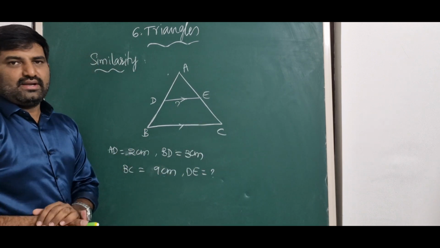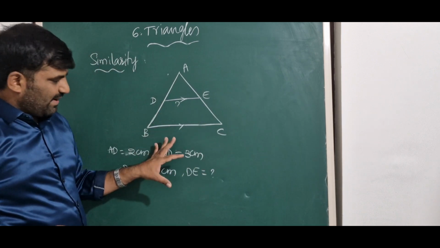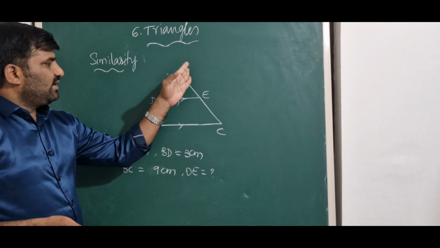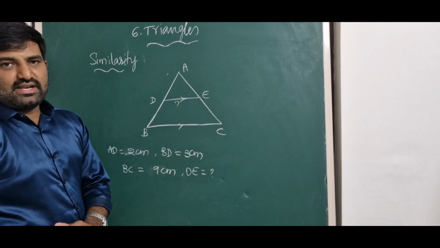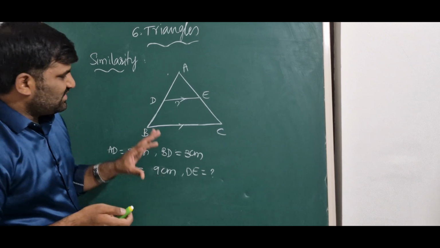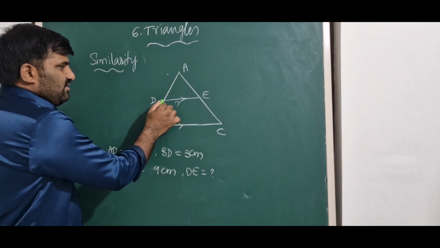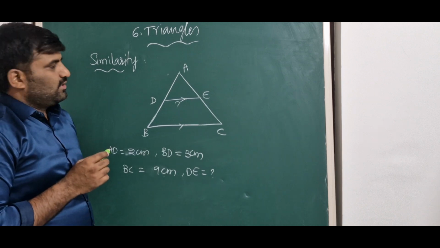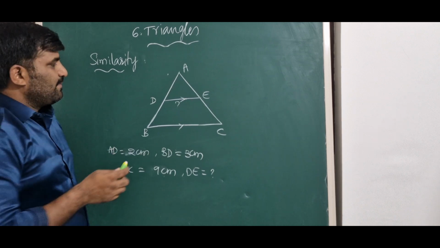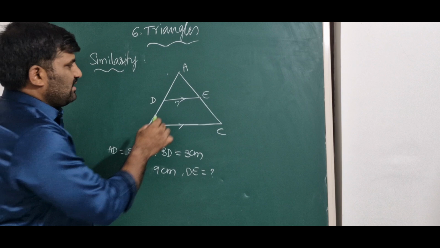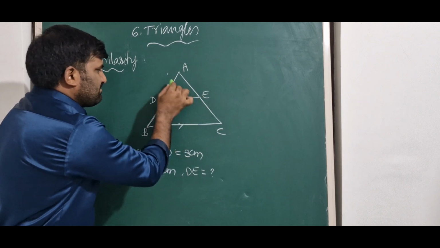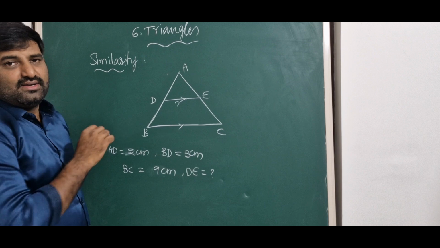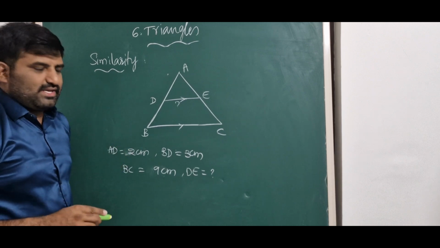This is very important, and they can also ask for the perimeter by giving these measurements, or when AE and EC values are given, or two different triangles are given. See here, by seeing this question, DE is parallel to BC, we will feel that it is related to BPT, because BPT tells us a line segment passing through two sides of a triangle and parallel to the third side divides the other two sides in the same ratio.